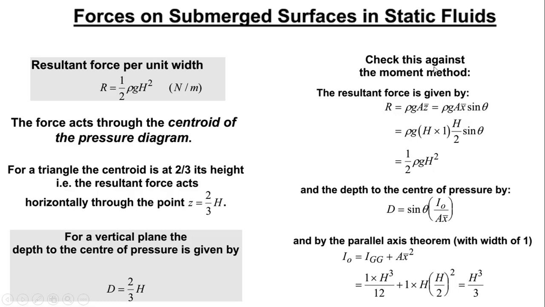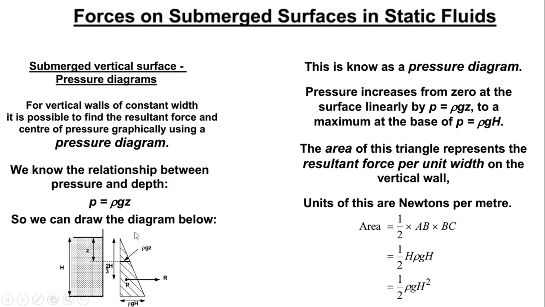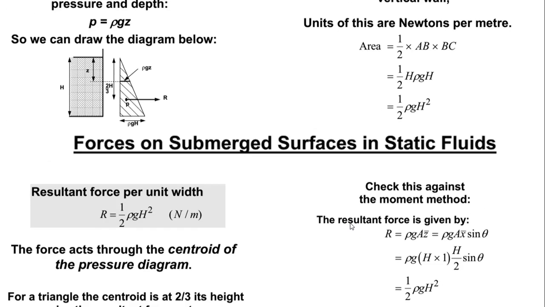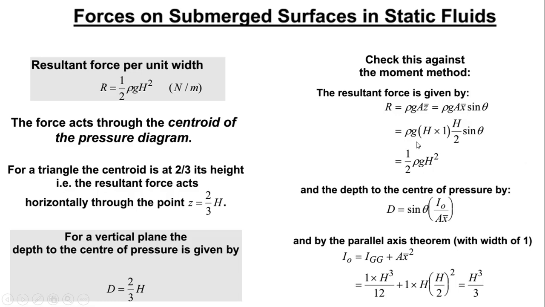If you compare with what we have done, which is using the moment method, we need to find that R is equal to rho g A x bar, which is equal to this part. And when we solve for this triangle that we have, we will know that at the end of the day, rho g is equal to h multiplied by 1 h over 2 sine theta.